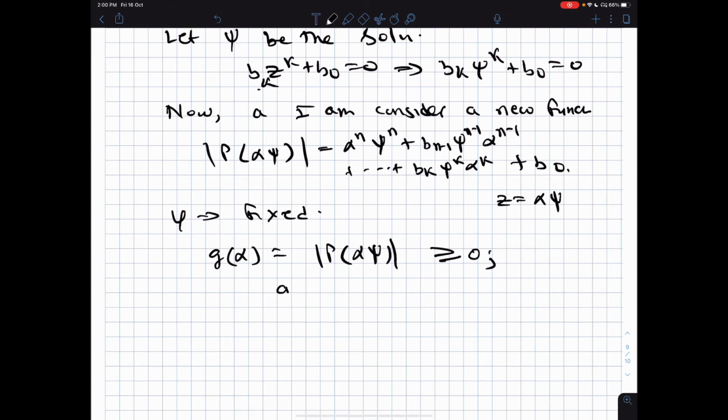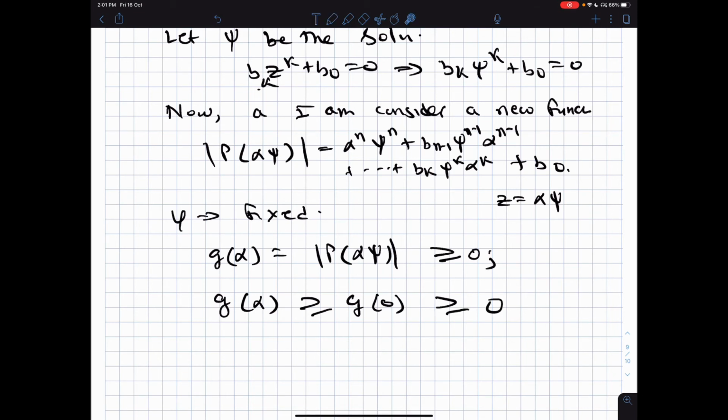And what is g of 0? Because modulus is there, it has to be greater than or equal to 0, that is obvious. And what is g of 0? I can't right now say that it is 0. That's what I actually want to show, that g of 0 is 0. But I can say that g of alpha is greater than or equal to g of 0, which is greater than or equal to 0.